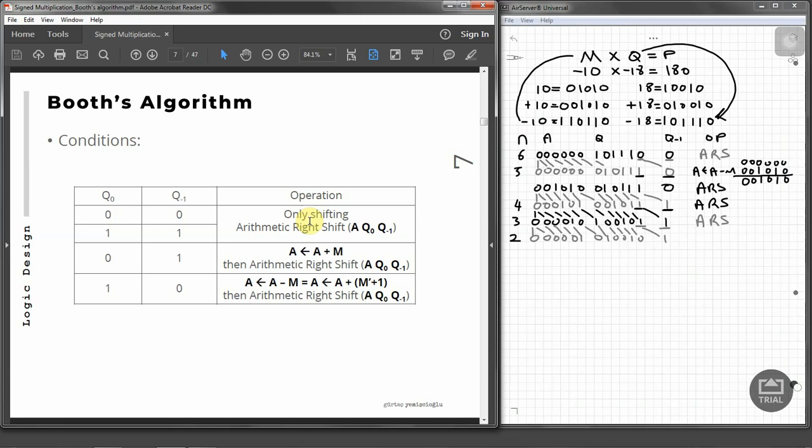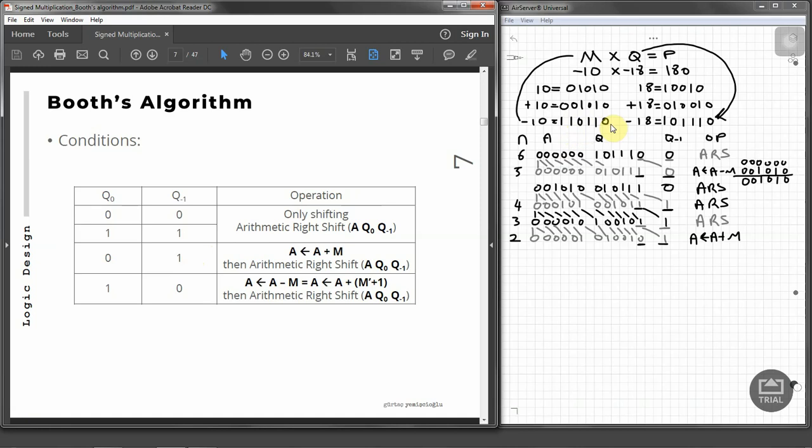We have to check the last two bits, which is 0, 1. 0, 1 means addition. So we need to perform A plus M. Now our A is 00001 and our M is 110110.